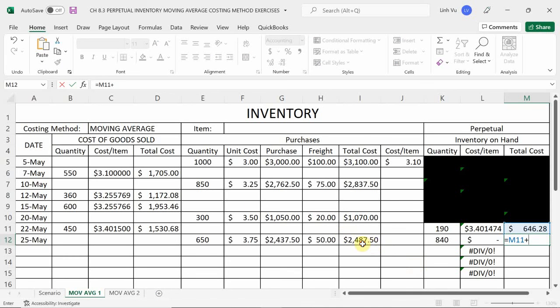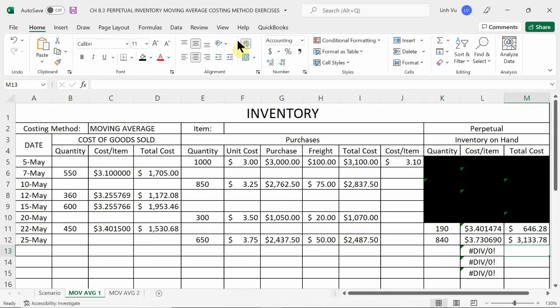And my new total cost? I have $3,133.78. Good. Look at my cost per item, or my unit cost, right? It increased by 25 cents. So every purchase I've made, it's been increased by 25 cents. You can expect that if I'm making a purchase here, it has to increase my average cost per item by at least 10 cents.